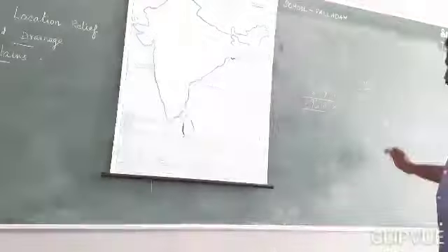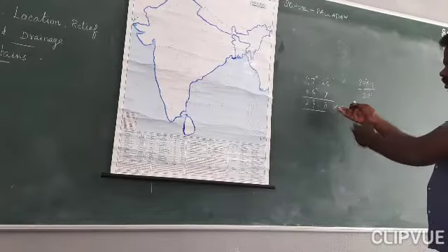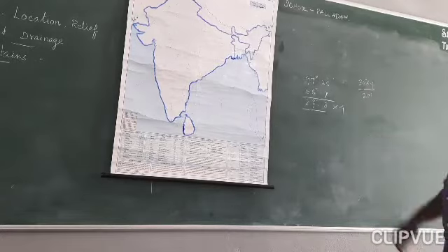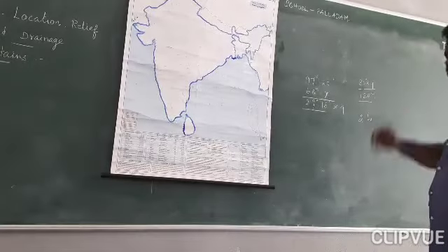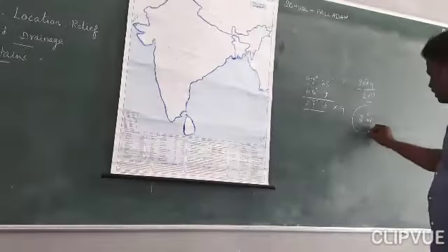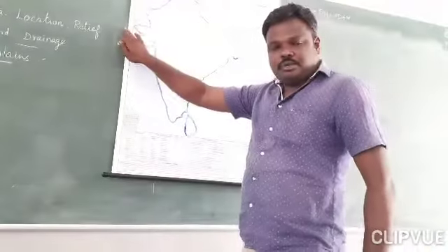You know very well. Just convert, take it as 30, so 120 minutes will come, which means 2 hours. So this is the time difference between Arunachal Pradesh and Gujarat.